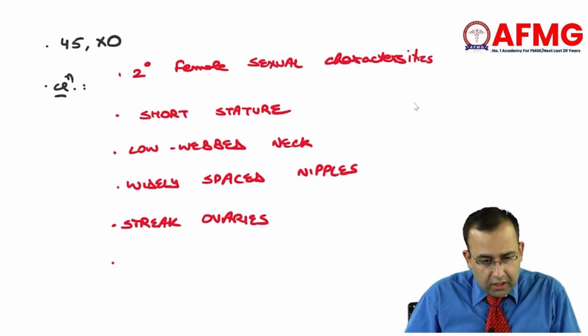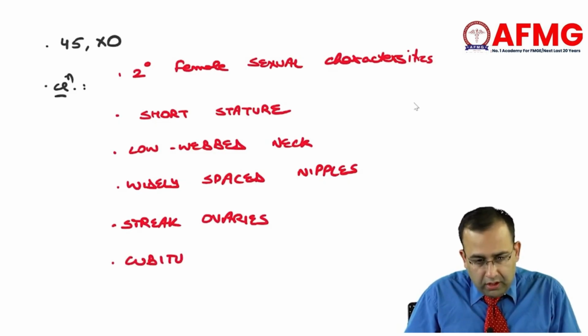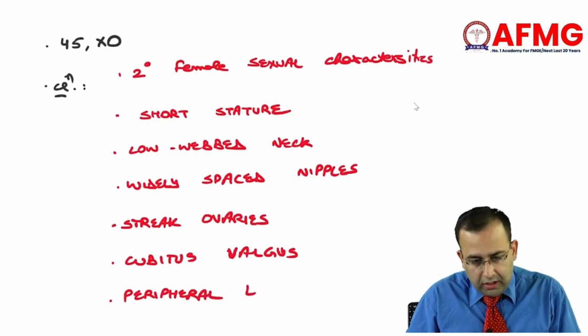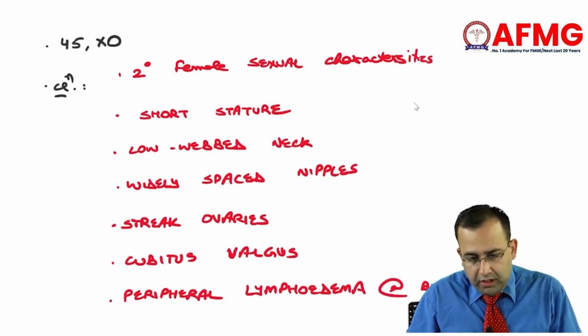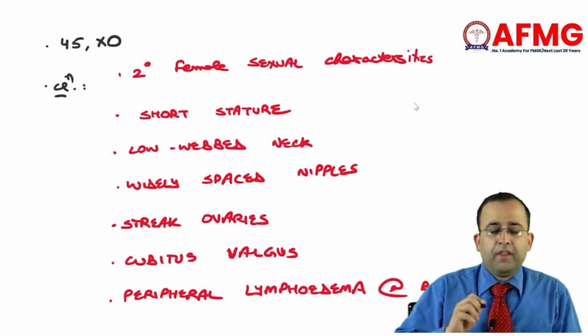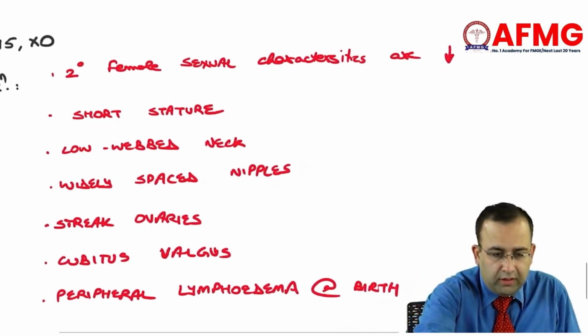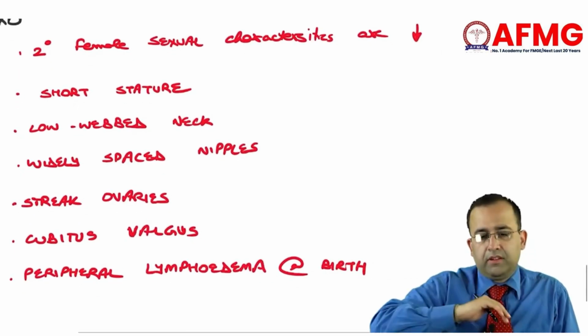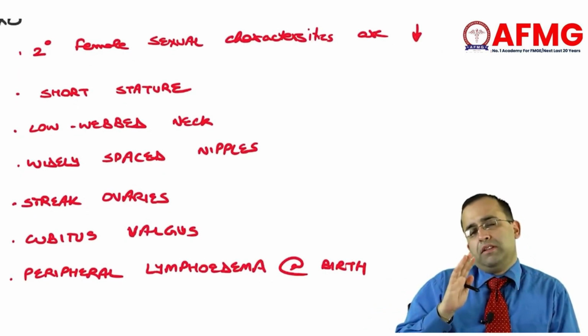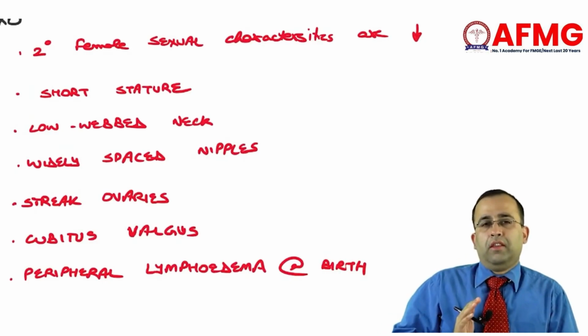Cubitus valgus, that is the angle is increased, and peripheral lymphedema at birth. This is Turner syndrome. The secondary female sexual characteristics are reduced.